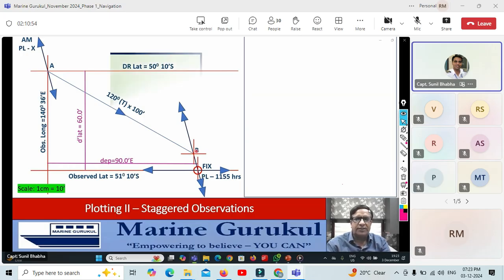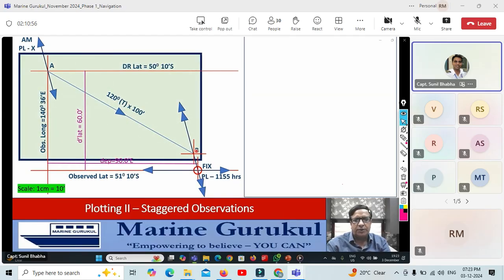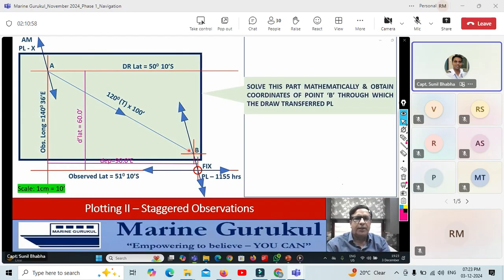So we could consider solving this part of the question mathematically by plane and parallel sailing so that we can get the coordinates of point B. Once we get the coordinates of point B mathematically, which means we get a point through which to draw the transferred PL, the direction of the transferred PL shall be the same as the direction of its PL in the morning. That means we can now plot the transferred PL directly and we do not need to reference it to this point A out here.